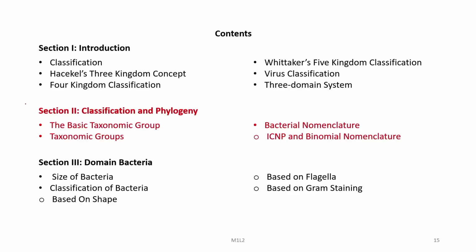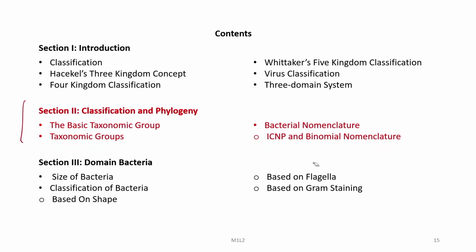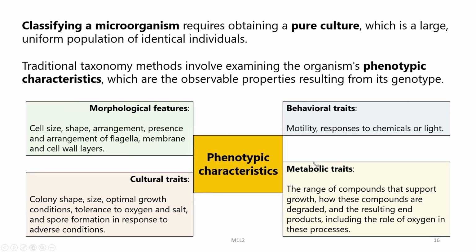So, now let us go to the second section, the classification and phylogeny, where we will be discussing the basic taxonomic group and then the bacterial nomenclature, particularly ICNP and the binomial nomenclature. Now, classifying a microorganism requires obtaining a pure culture, which is a large uniform population of identical individuals.